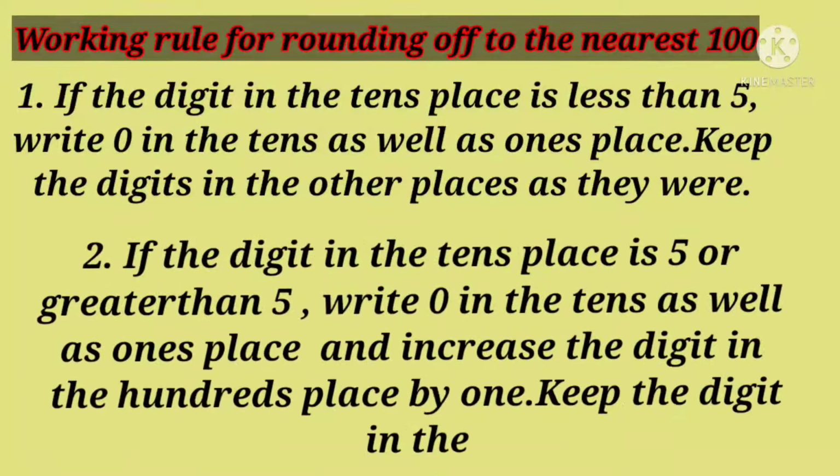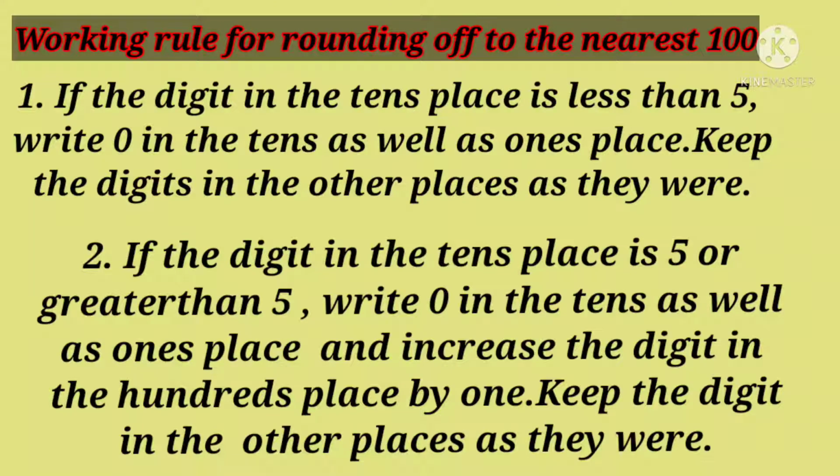Second step, if the digit to the right of 100 place is 5 or more than 5, then we write 0 at both the places, that is tens and ones place, and we increase the digit at the hundreds place by 1. Other digits remain as they are.